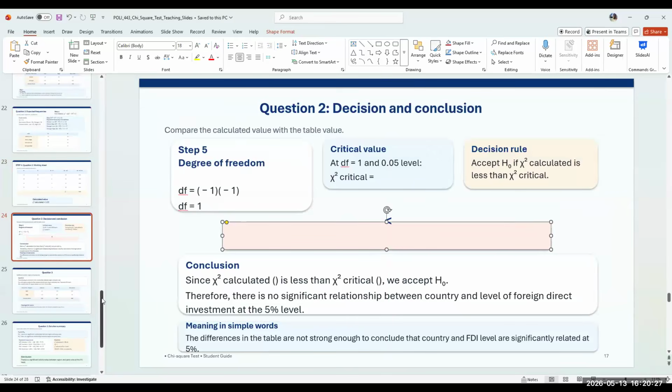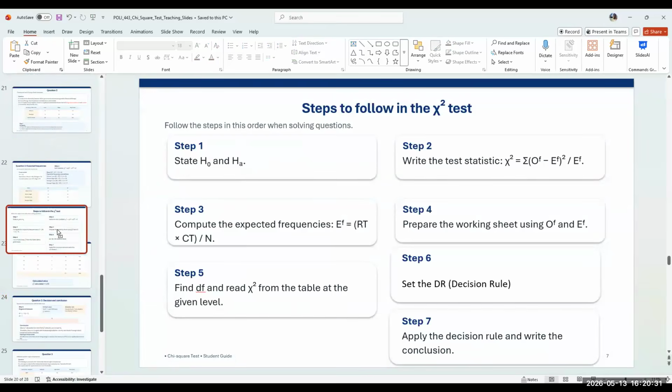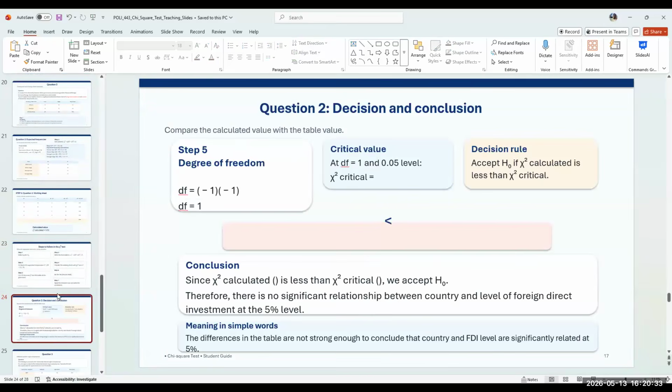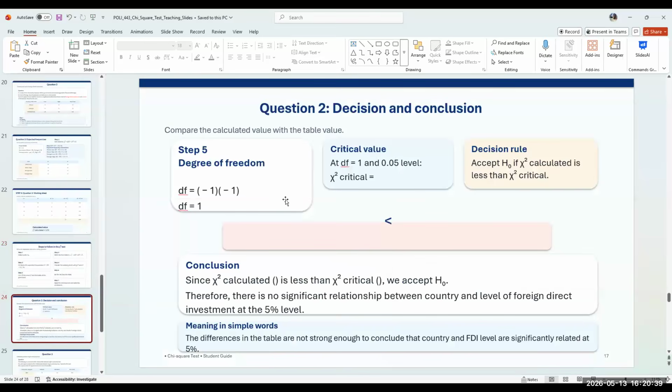So let's not forget the steps that we were using. Let's not forget the steps. So degree of freedom, look at the steps. Now degree of freedom is going to be what? Row df will be equal to row minus 1, right?